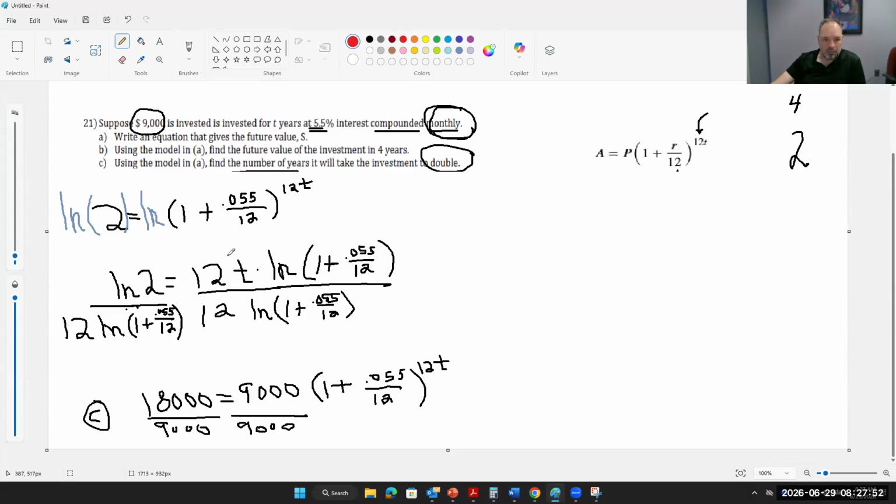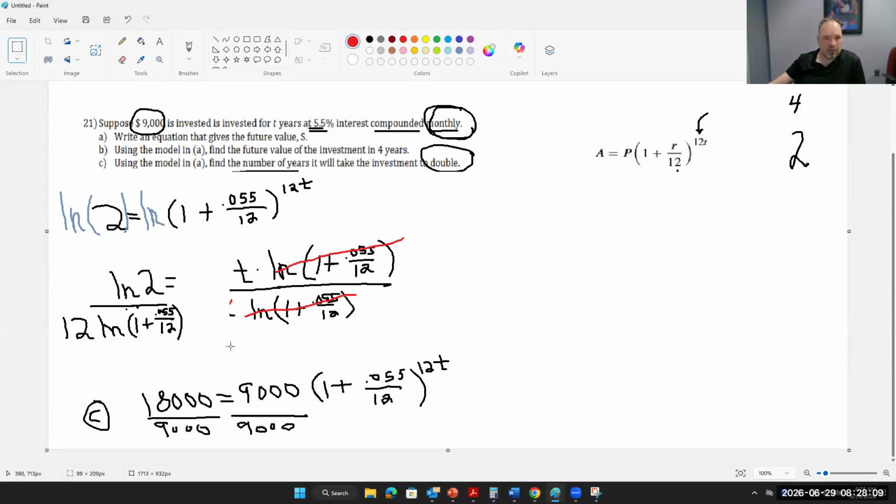I get to cancel out the 12s, cancel out the natural log piece. So just to simplify things, hopefully you're okay with me doing it this way.